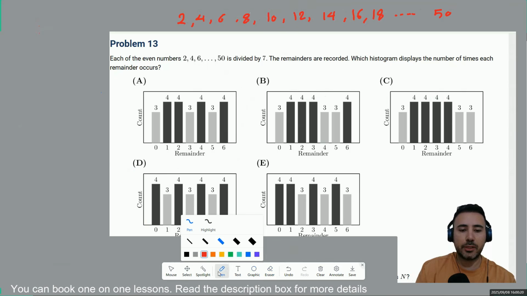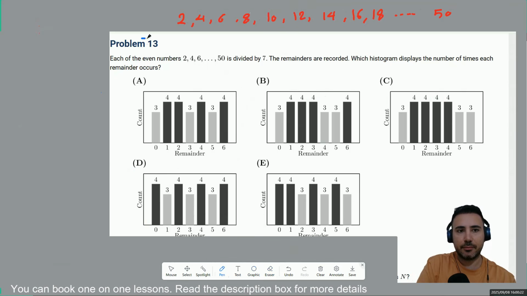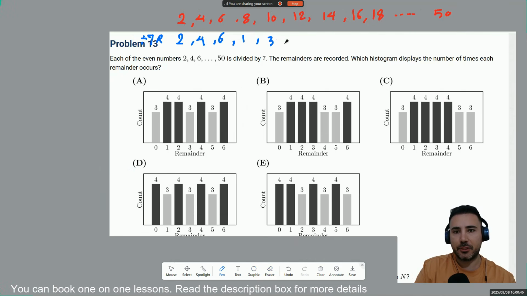Now, when you divide these numbers by 7, what is the remainder? We're just going to write the remainder of these numbers when we divide them by 7. 2 divided by 7, the remainder is 2, of course. 4 divided by 7 is smaller, so the remainder is itself. 6 is itself. 8 divided by 7, remainder is only 1. 10 divided by 7, remainder is 3.